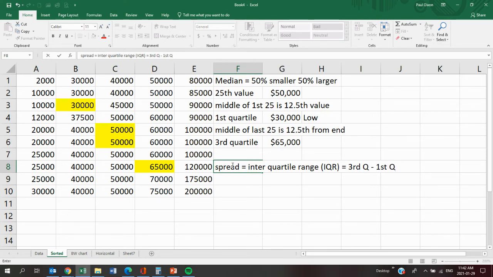It's a simple measure of spread that I don't need a calculator to work out. Okay, so in this instance, I would have that being 65. And I'm going to subtract the 30,000. So it's equal to $35,000. There's nothing magical about the number. Don't read too much into it. It's just an idea of how spread out the data is.